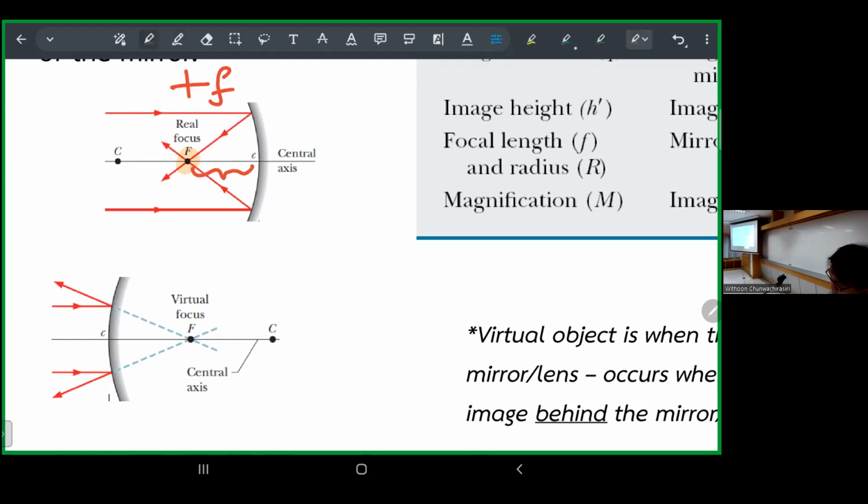And by the same argument, in the convex mirror, the focal point is behind the mirror, which is not real. So you can conclude that this focal length is negative. See? By understanding this terminology and the sign convention, you are almost done.